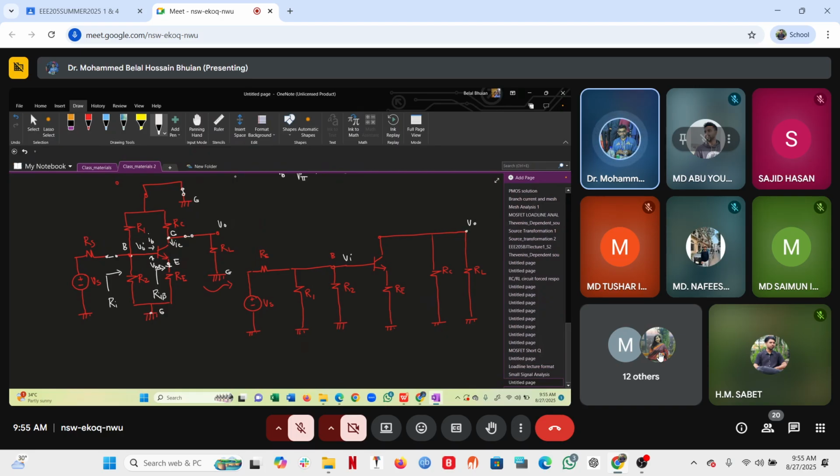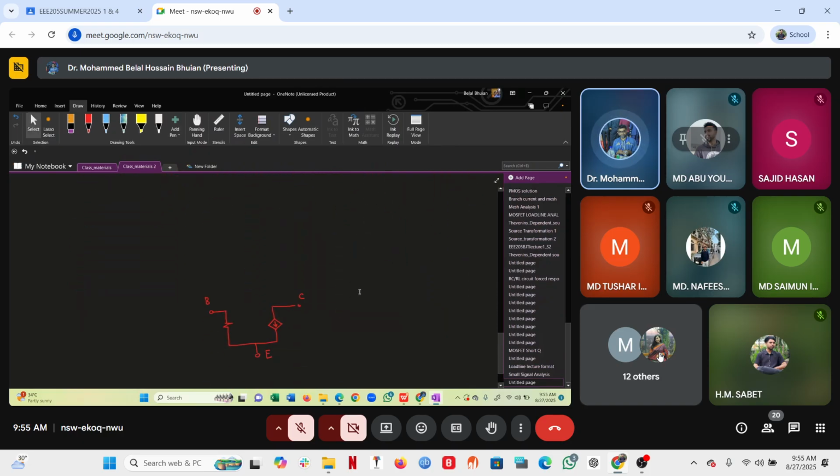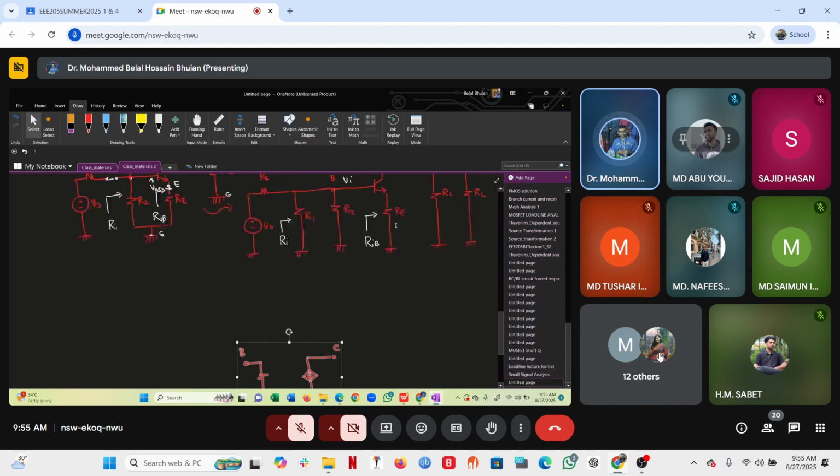And we are to determine what? RIB and RI, the input impedance, right? From there, I'm going to replace the BJT with this model.